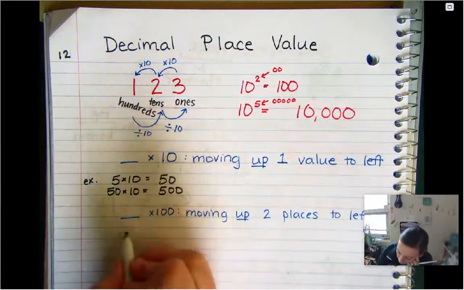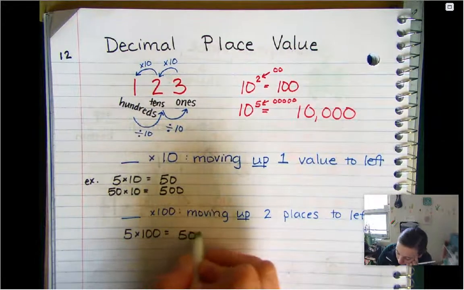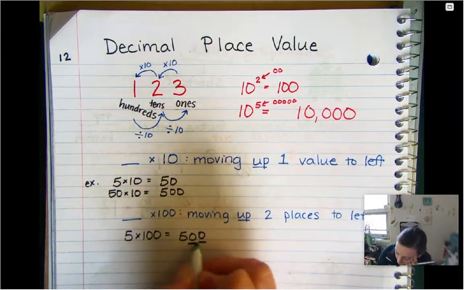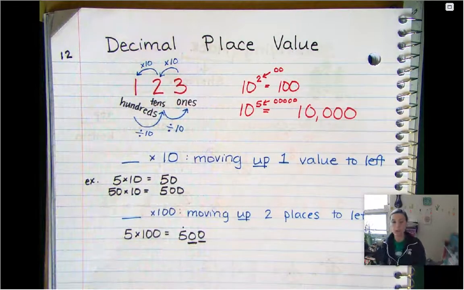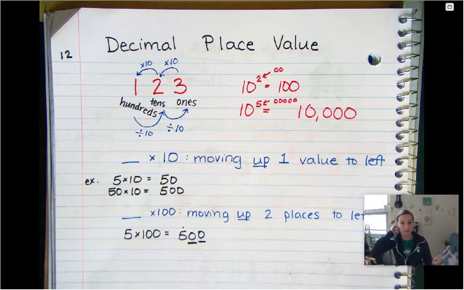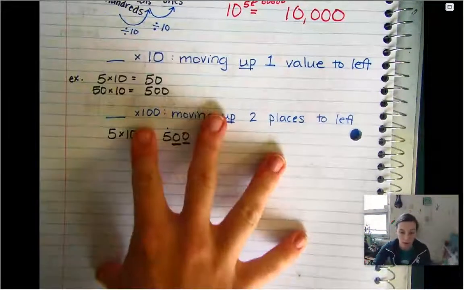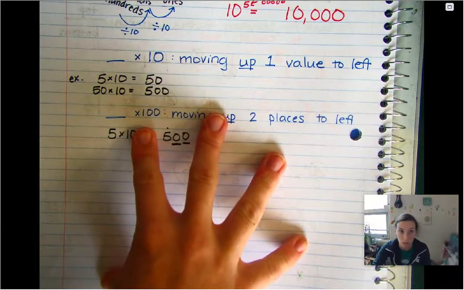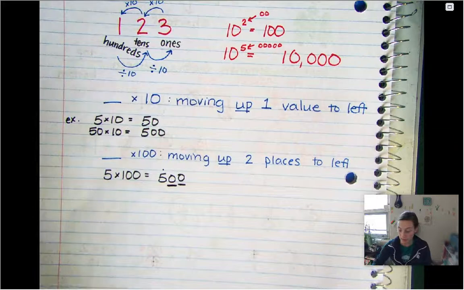So like 5 times 100 moves 2 places. The 5 here moved 2 places up. We could go on, 1,000, 10,000, whatever. That's what you already know. I might have said it in words you haven't used before, but this is what you already know. And you probably already know some of this too.